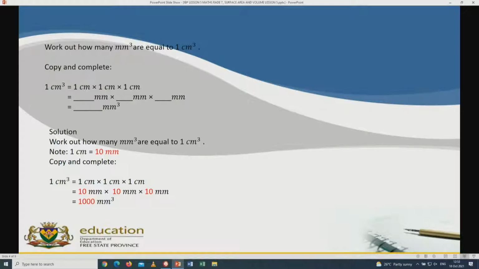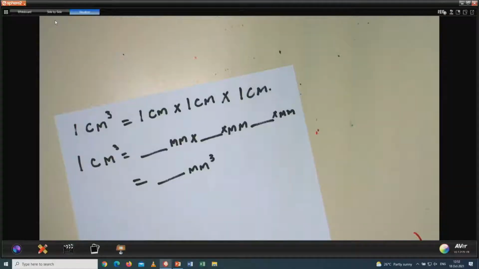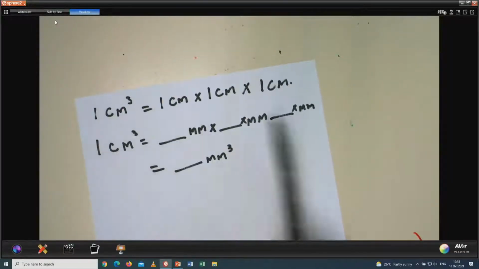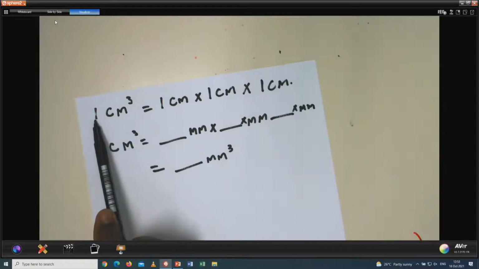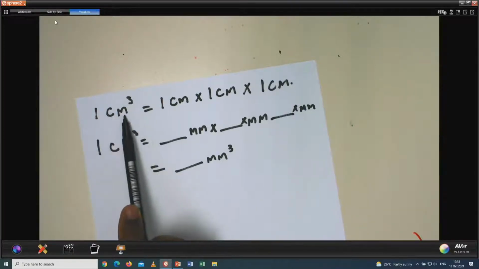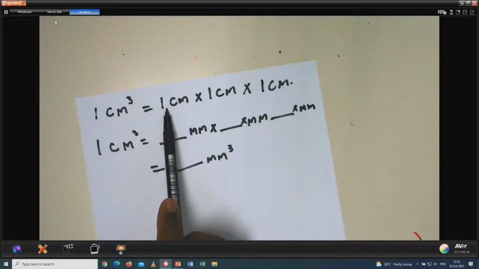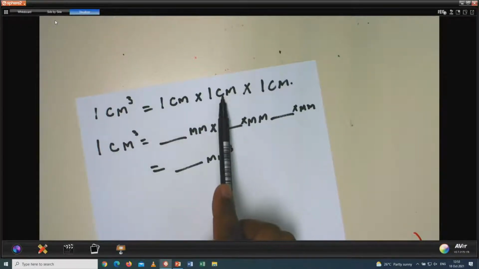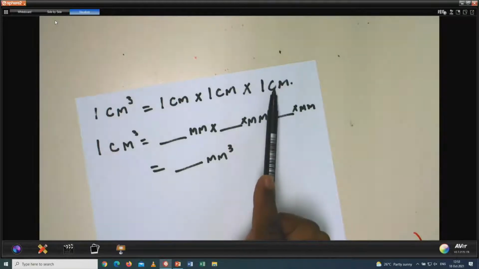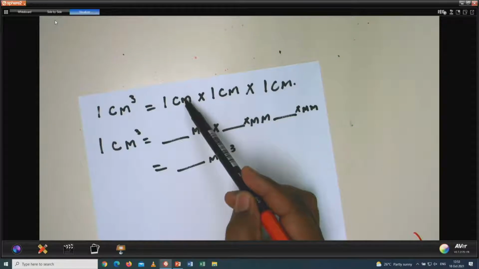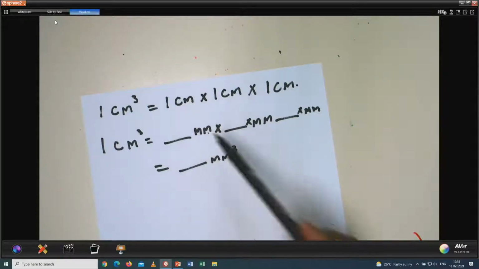Now, right, let's check here. They are saying, let us complete this. 1 cubic centimeter will be the same as what? 1 centimeter by 1 centimeter by 1 centimeter. And now we are converting the centimeters to millimeters.